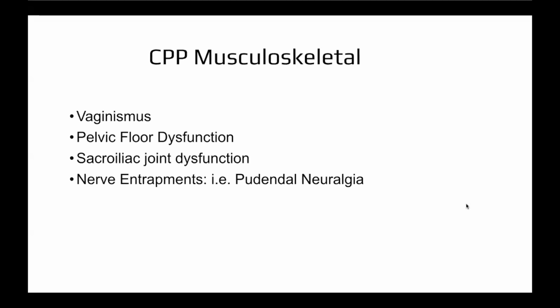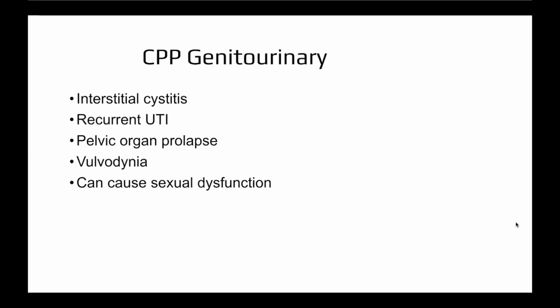They can have musculoskeletal pain, vaginismus, which is a painful spasming of the pelvic floor muscles with any type of insertion, and broadly pelvic floor dysfunction, sacroiliac joint dysfunction, and various types of nerve entrapments. There can be genitourinary symptoms that cause chronic pelvic pain: interstitial cystitis, recurrent UTIs, prolapse, vulvodynia, and sexual dysfunction.